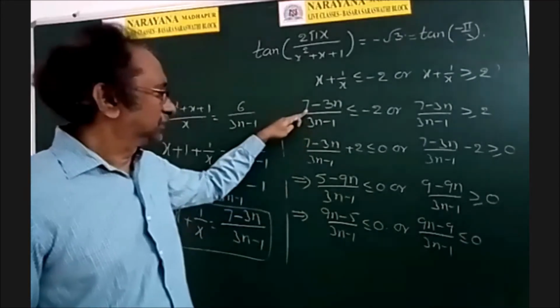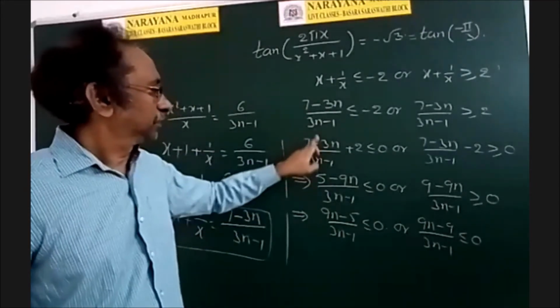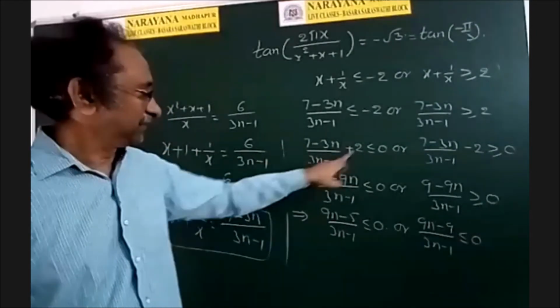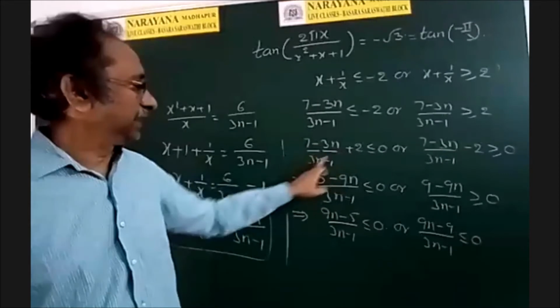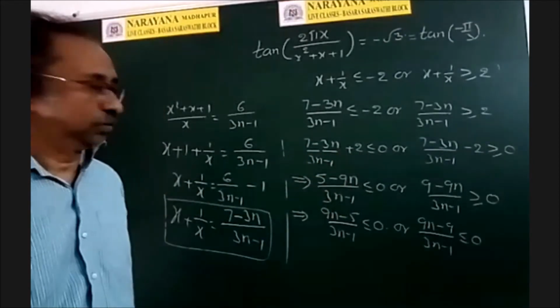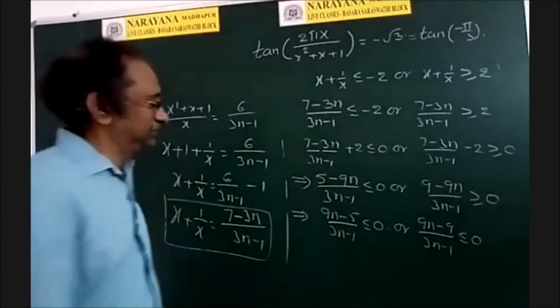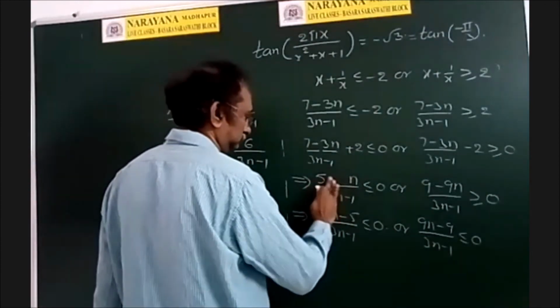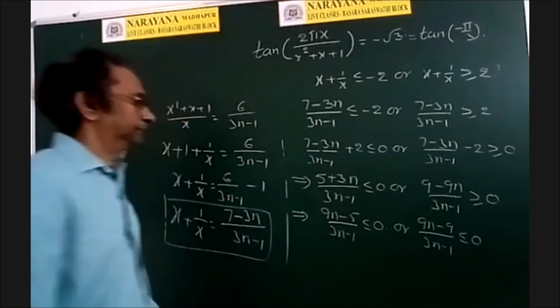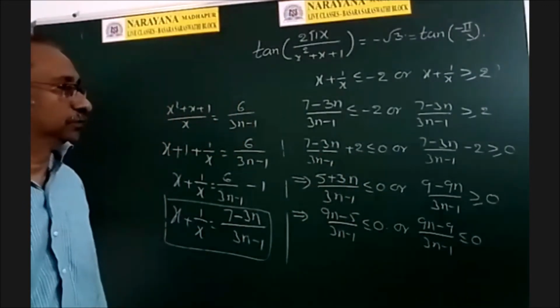So this is 7 minus 3n by 3n minus 1 plus 2 less than or equal to 0. 7 minus 2, this is 5, minus 3n plus 6n, minus 3n plus 6n, plus 3n by 3n minus 1 less than or equal to 0.